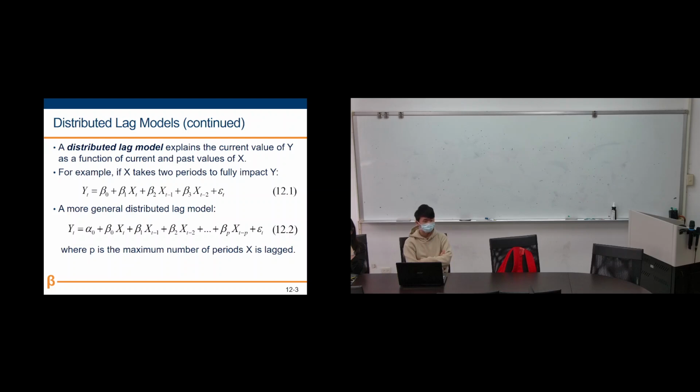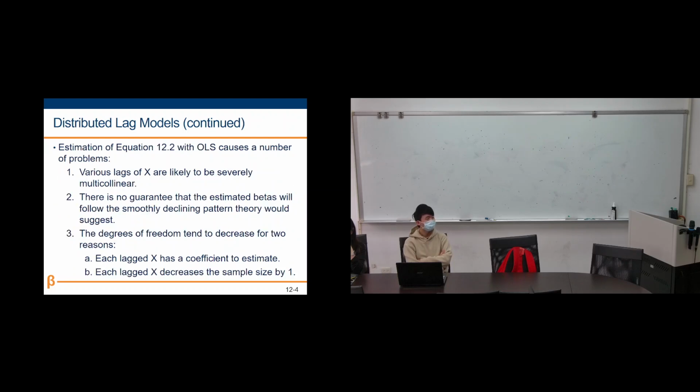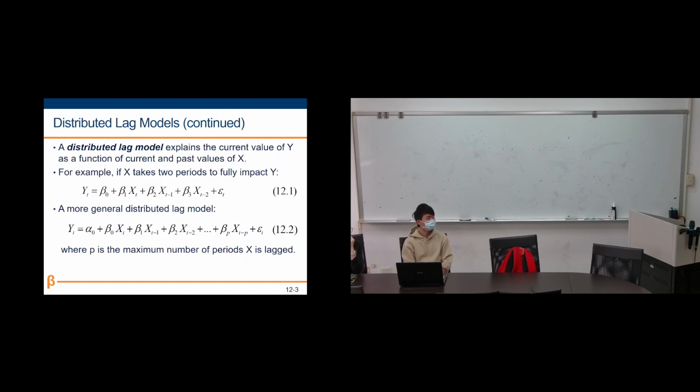And the study shows that all the research will affect sales after 4 years. So in other words, if I have Y, which is the sales, then X is the research expenditures.